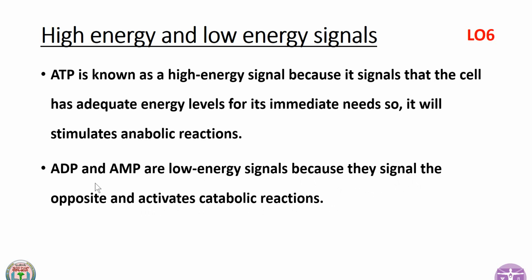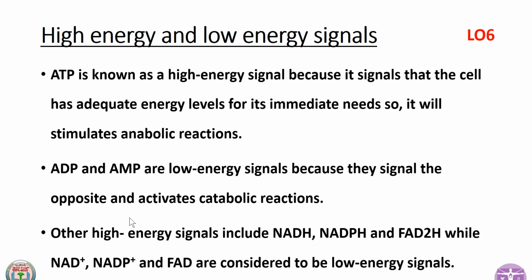When the ADP and AMP are high, the cell will understand that the energy status inside the cell is low, so it will convert the processes inside the cell from anabolism to catabolism to release energy during catabolism and to decrease the level of ADP and AMP.